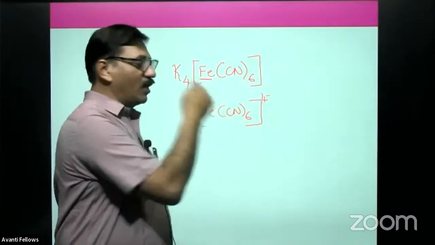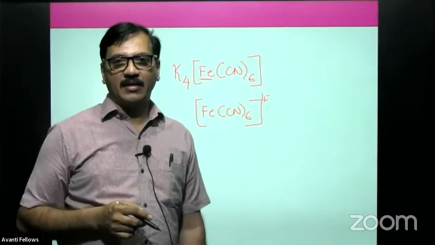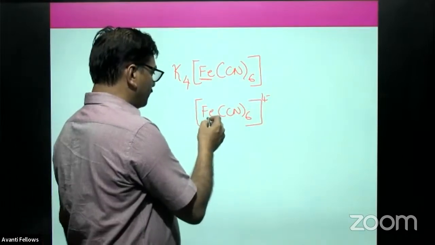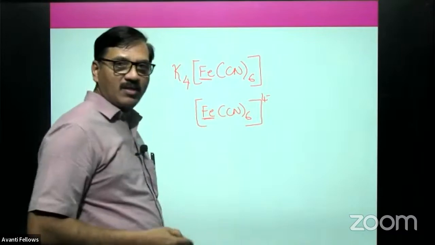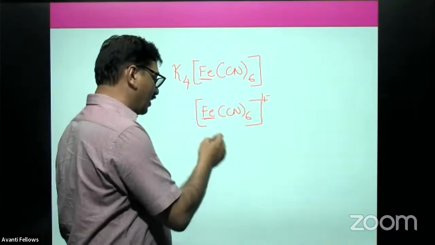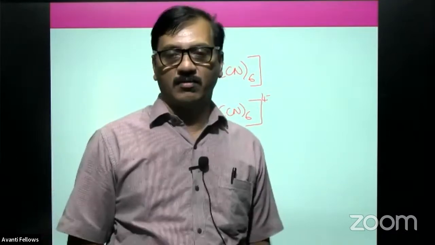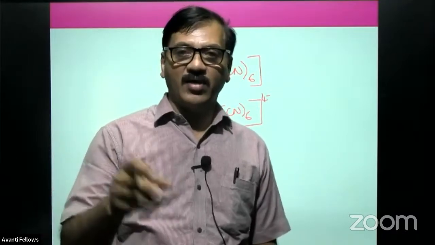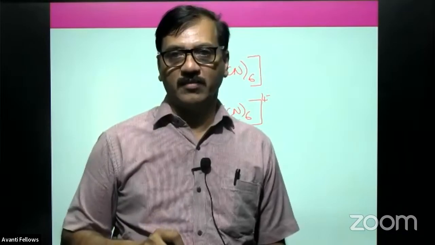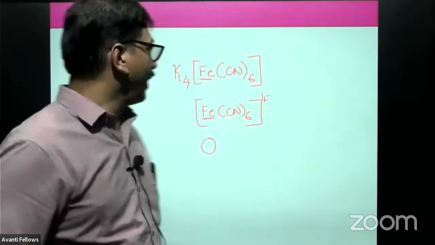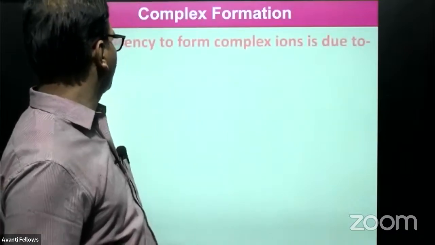Why are they able to form this complex entity? This is the point. The transition elements have small size compared to other metals, and they have high ionic charges. These are the two important reasons why they show complex formation.